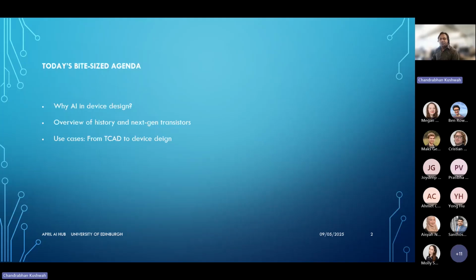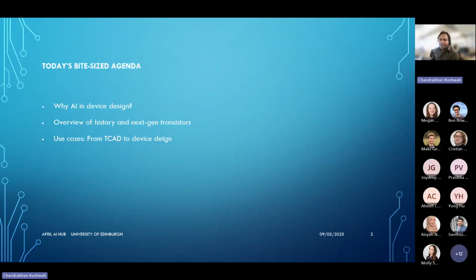So the first question that comes to my mind is, why AI in device design? As we have seen, AI is transforming the landscape of many different applications, and it is everywhere. How can we harness that power in electronics, especially in device design?